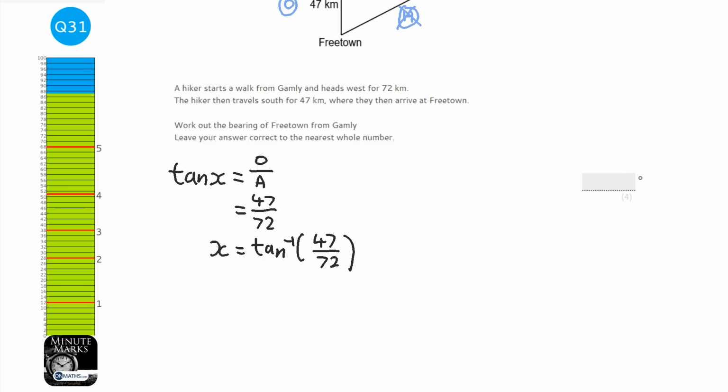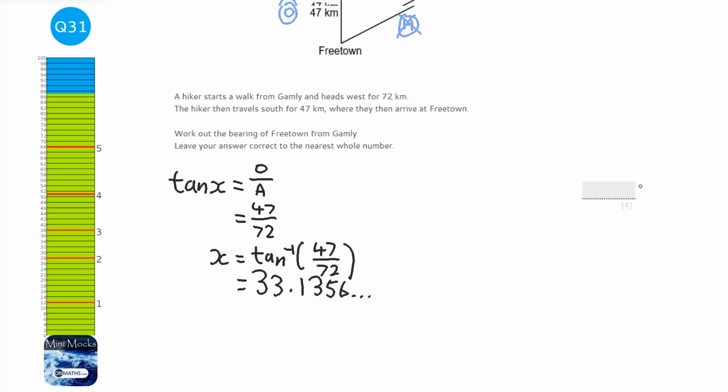Just don't forget to close the brackets. Every time you click tan or inverse tan, it opens a set of brackets. Just make sure you shut them. Let's press equals, and that equals 33.1356, blah, blah, blah.